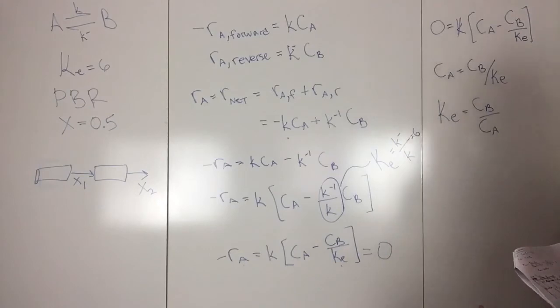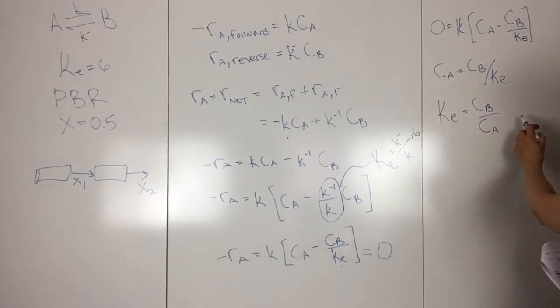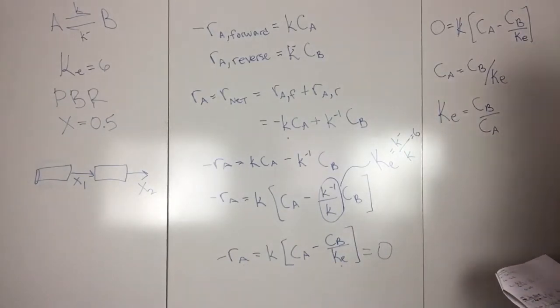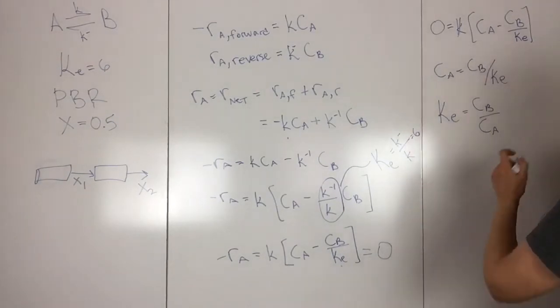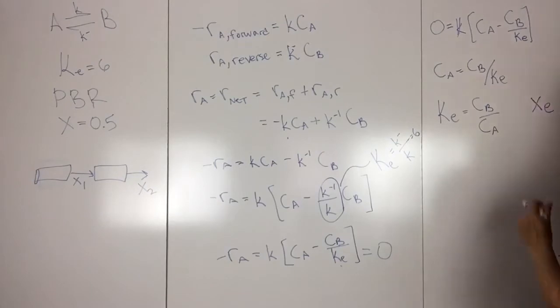So then we need to figure out what CB and CA are, because what we're looking for is the equilibrium conversion, so we're looking for Xe.